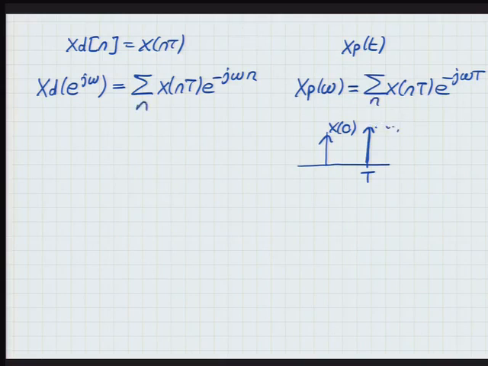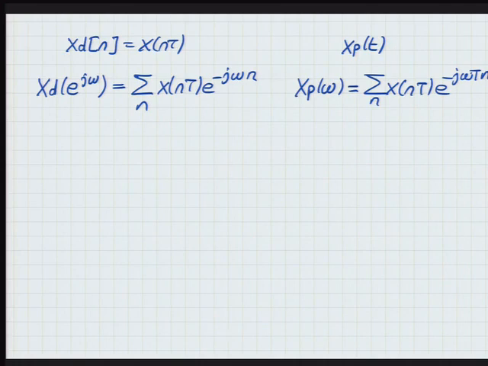Okay, so I can erase this. All right, so I'll do something here that may disturb you a little bit. The omega on the left and the omega on the right are not the same omegas, right?